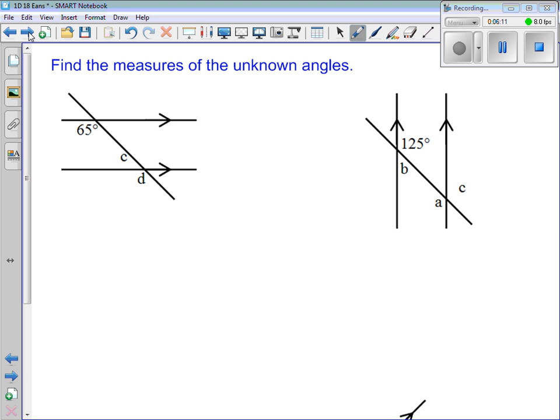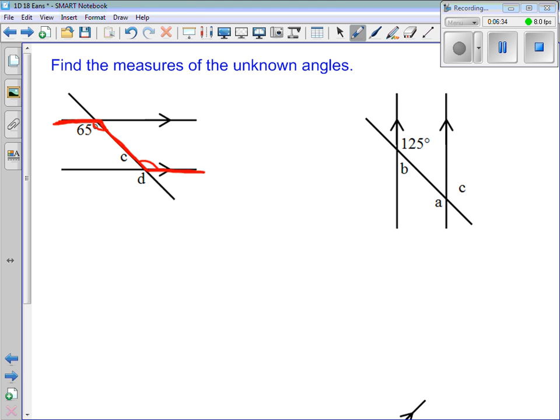Let's try looking for one of those patterns here. The Z, so kind of like this. Okay, so let's do the Z here. Okay, there's definitely a Z there. Now Z is going to give us a relationship between this angle here and this angle right here.